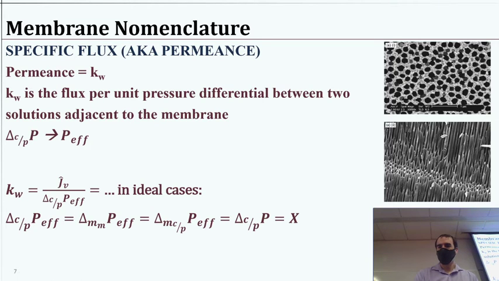Okay, so anyway, we've got this J with a little hat, subscript V. That's essentially the flux that we're talking about. We take that and divide it by the per unit pressure differential across, adjacent to the membrane, between the two solutions adjacent to the membrane.